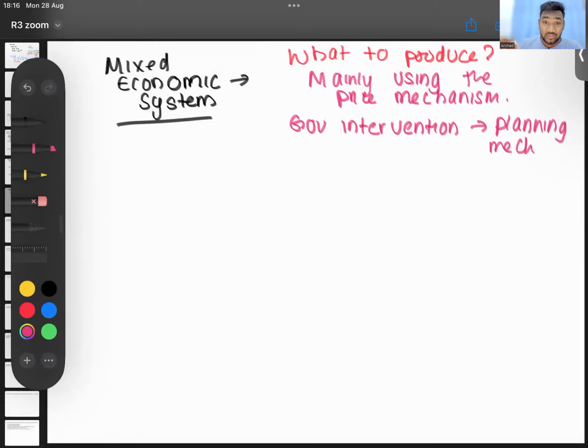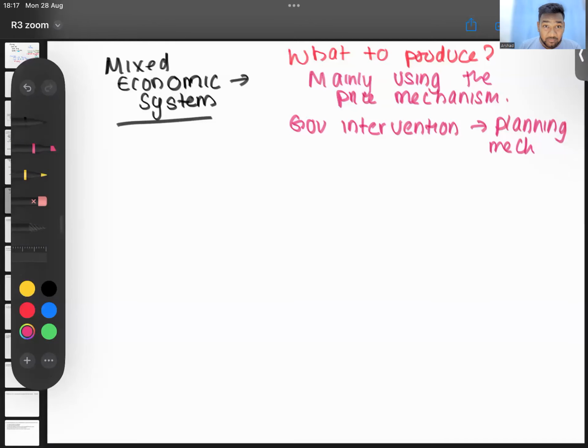For example, look at Sri Lanka, mainly using the price mechanism. But government also comes and provides some goods and services, no, education, healthcare, transportation. Yeah. So government also influences. So remember, mainly using the price mechanism, they will allocate and produce the most profitable goods and services.